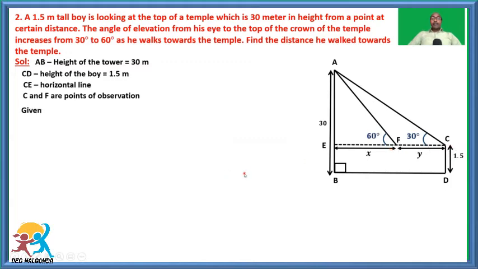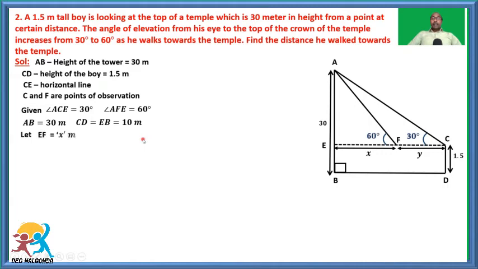Now, given that the measurements are angle ACE is equal to 30 degrees, angle AFE is equal to 60 degrees. AB is equal to 30 meters, CD is equal to 1.5 meters. Here CD is equal to EB, that is 1.5 meters.